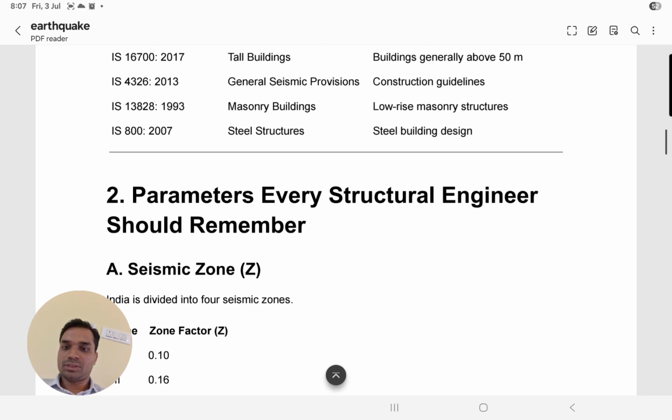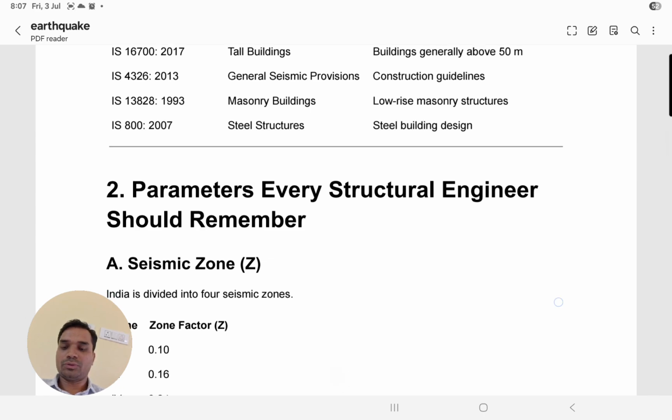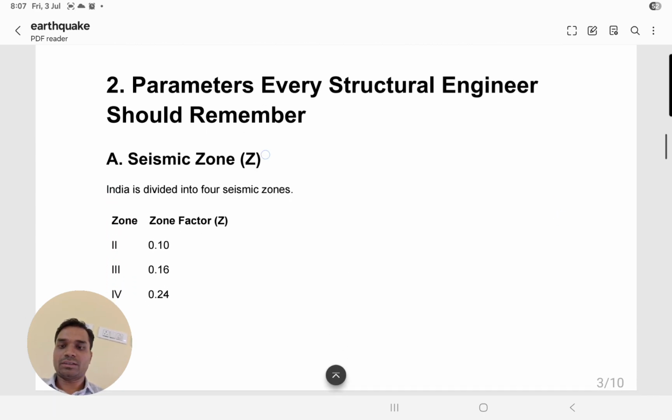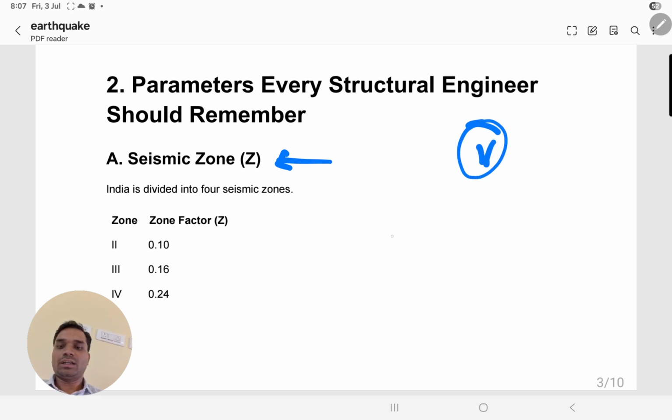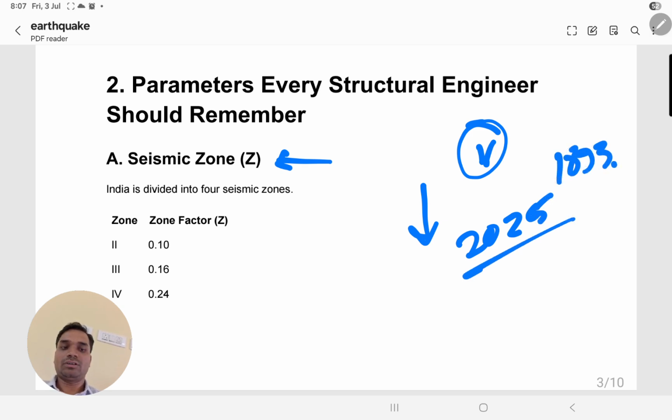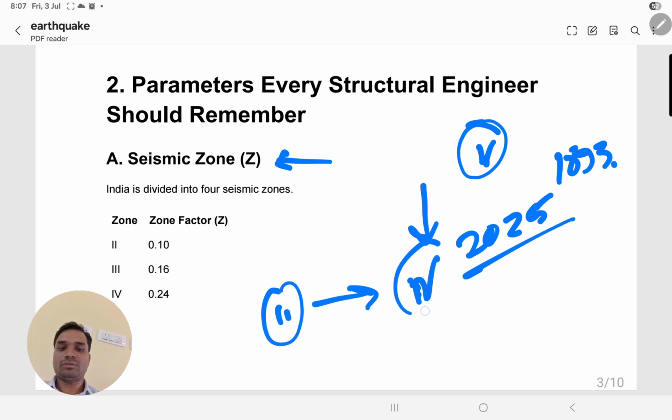Now, from the earthquake point of view, a few parameters. Like the seismic zone factor, which zone in India. Earlier it was divided into 5 categories. Now, in the recent 2025 IS 1893 code, it is divided into 4 parts, starting from 2 to 5 only.